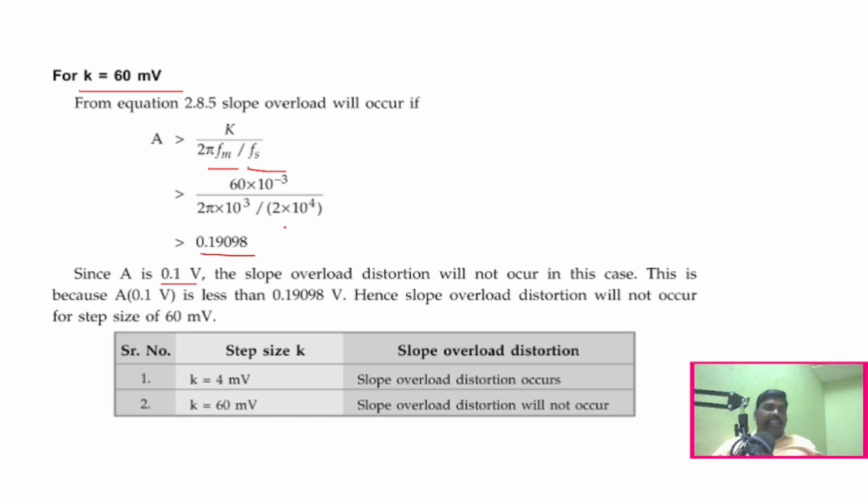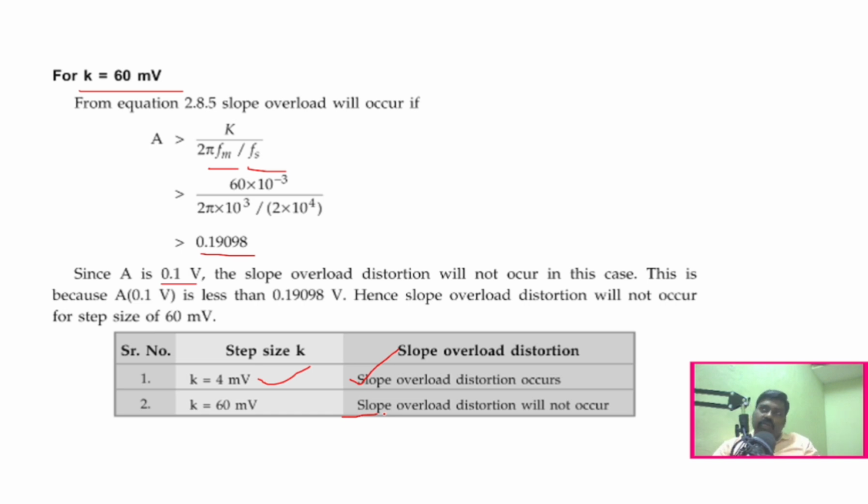So in this condition, slope overload error will not happen. So in these two conditions, for K equal to 4 millivolts slope overload error will happen, whereas for K equal to 60 millivolts slope overload error will not happen. This is the same very basic explanation about the step size and the slope overload error.